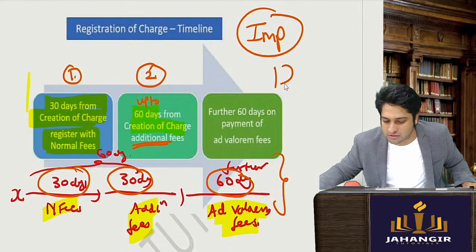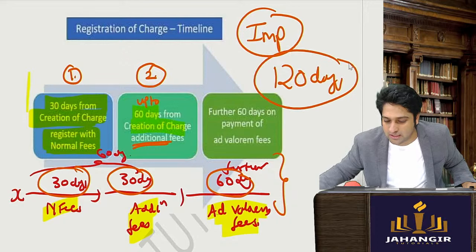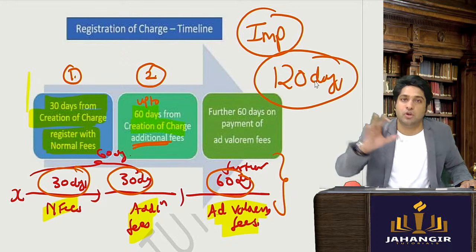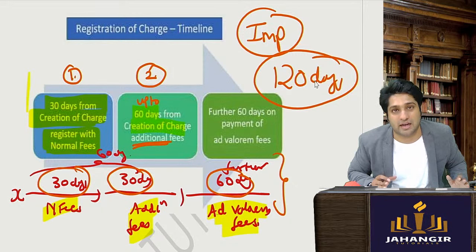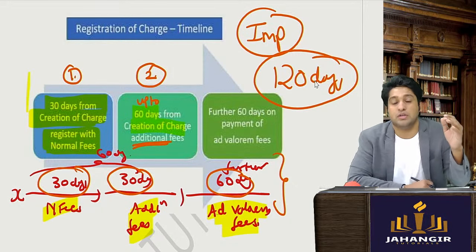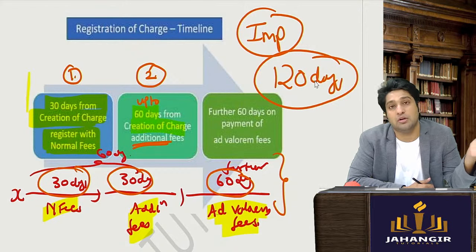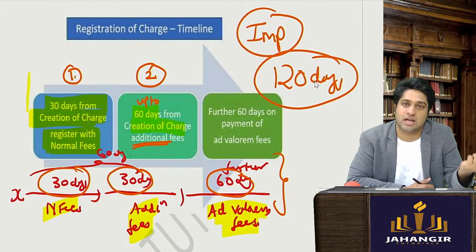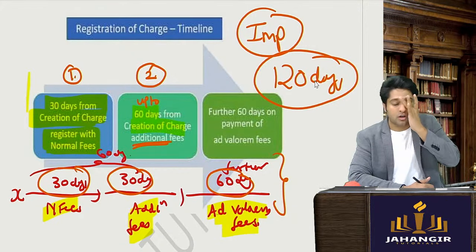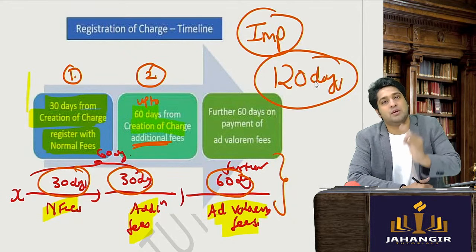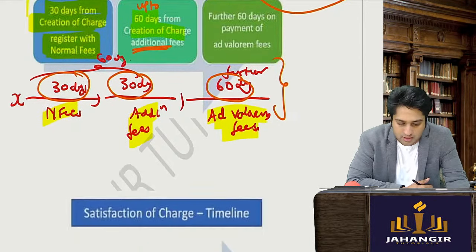The answer is 120 days delay is permitted. Beyond that, nothing can be done, and the charge holder will be treated as unsecured. This charge will not be registered and it cannot be registered. So the maximum time period is 120 days within which it has to be registered.